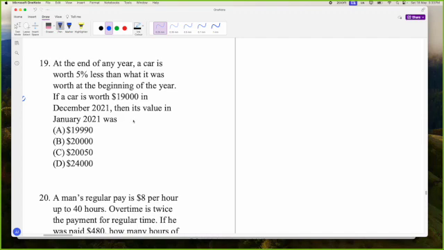So how could we get this? Anybody can help me with this? How could we get this? 19,000 is 5% less. So that means that 19,000 represents 95% of the original value. 95% of the original value will be 19,000.